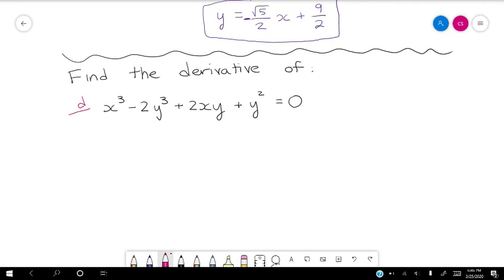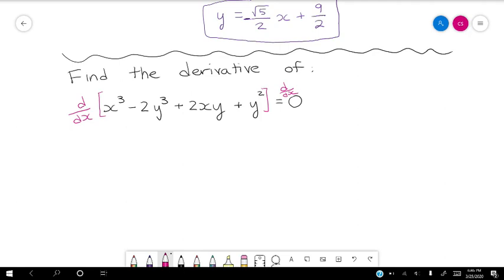We take the derivative with respect to x of both sides. And then of course after we distribute, that's like taking the derivative with respect to x of each term. So let's write that out.